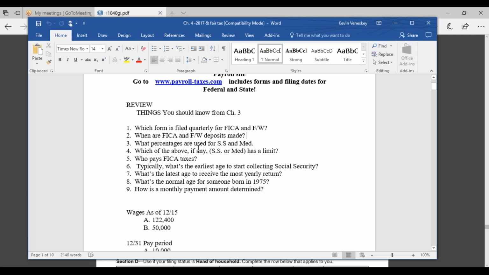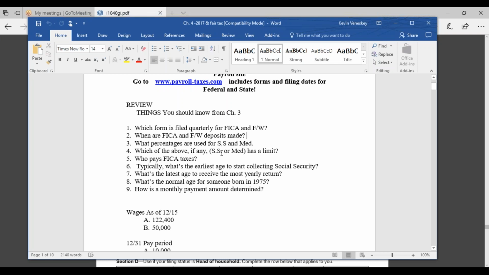The percentages for Social Security and Medicare. Remember, for Social Security, it is 6.2%. Medicare has 1.45%. Those don't usually change year to year. And then, do any of these have a cap? The answer is yes, Social Security does.